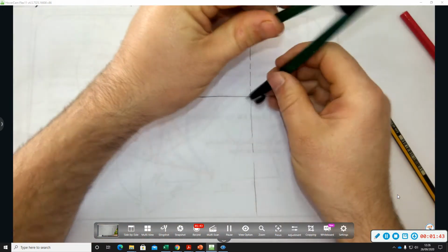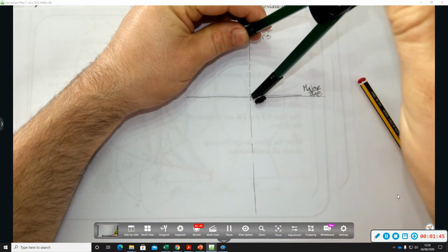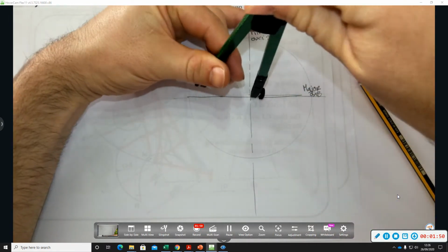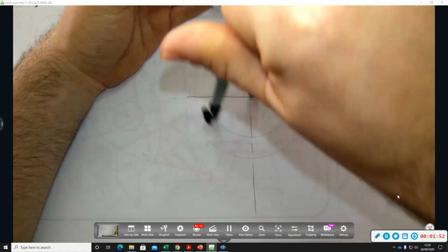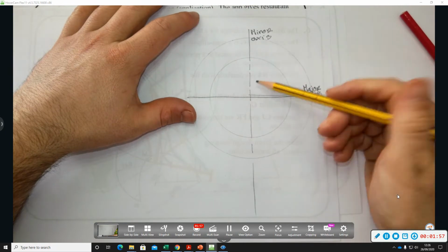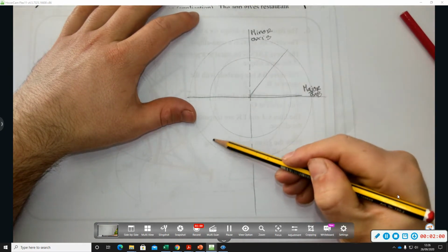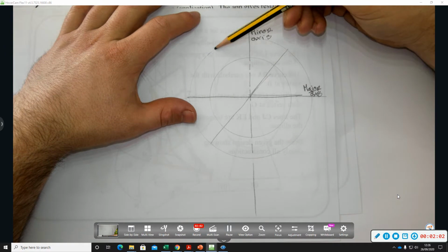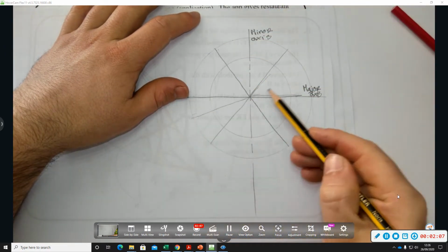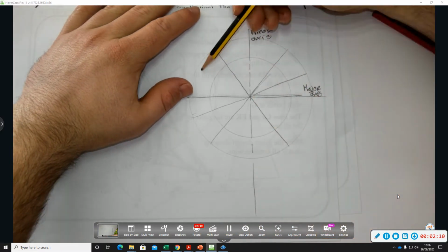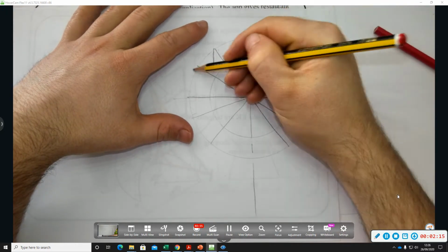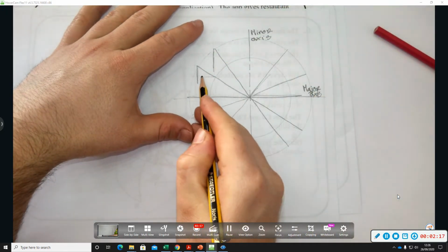We would take our compass and draw in our major circle, whatever that radius may be, and then our minor circle, whatever the radius may be. We would draw in our division lines, so we divide up the circles into pizza slices. So we draw our lines.